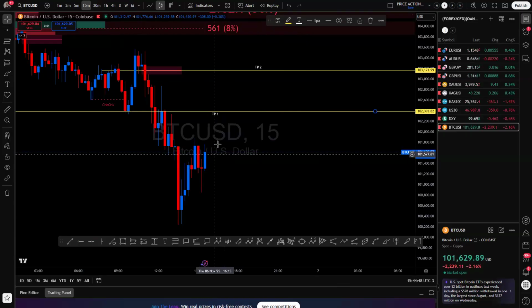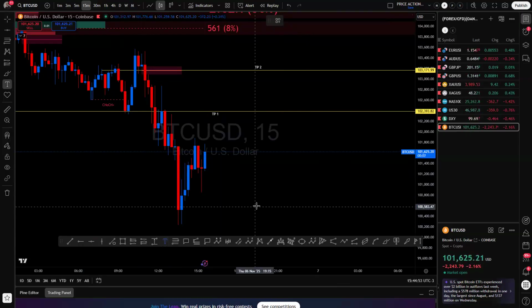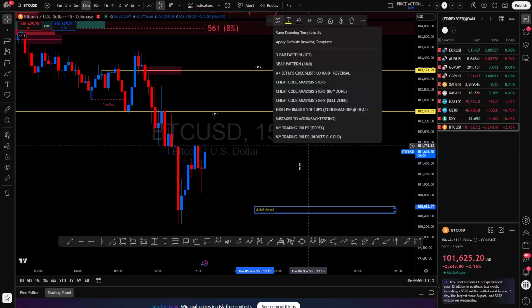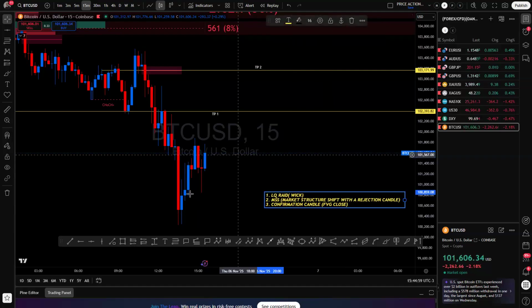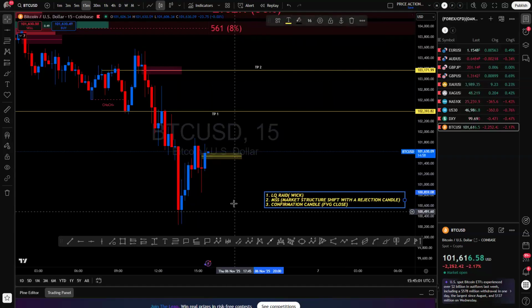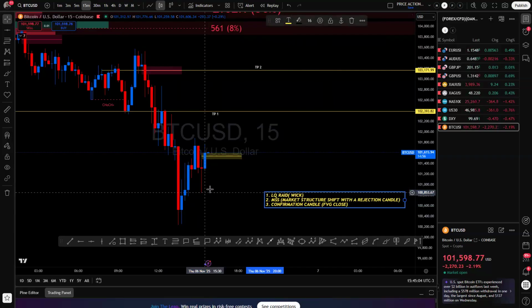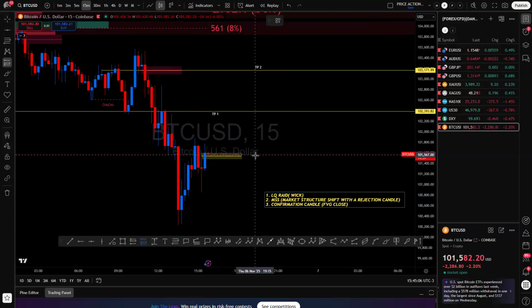What I want to see is a fair value gap close here, but we have our liquidity wick. And then we need our fair value gap close. We have a fair value gap close here. If this is looking good, then let's go ahead and take a buy.